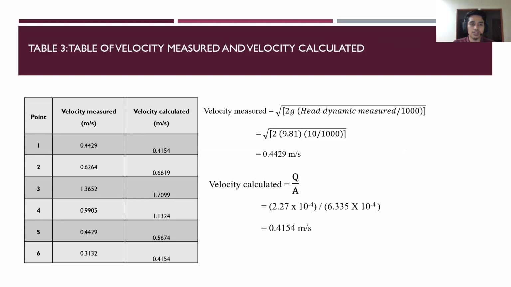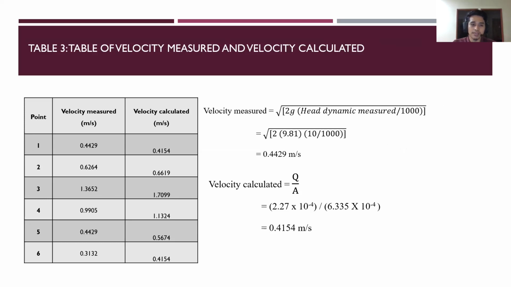Table 3 shows the measured velocity and calculated velocity. The measured velocity is the square root of 2g times the dynamic head divided by 1000, to get meter per second. That is the square root of 2 times 9.81 times 10 divided by 1000, which is 0.4429 meter per second.